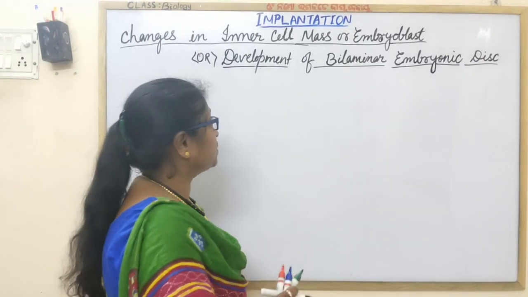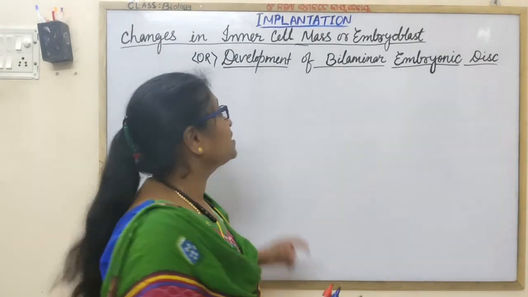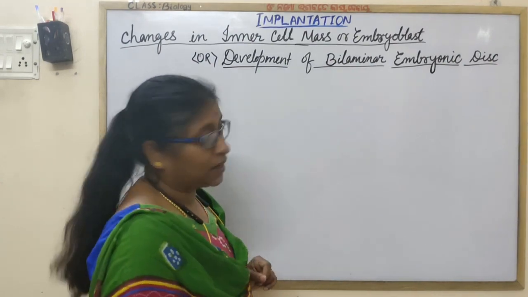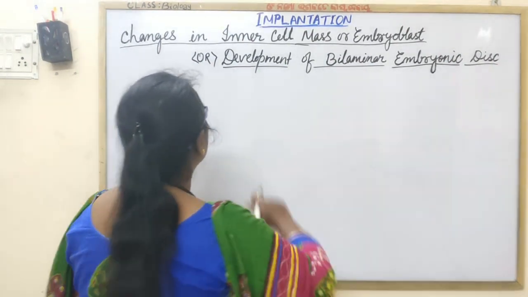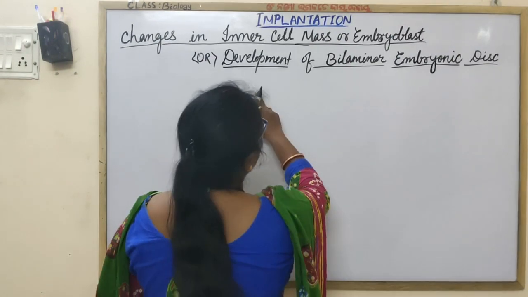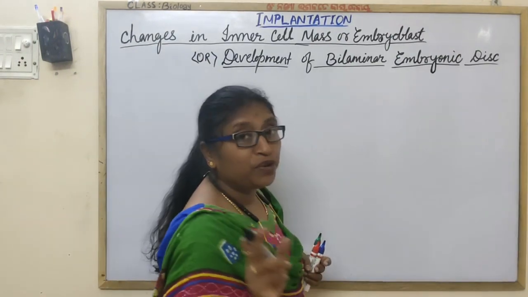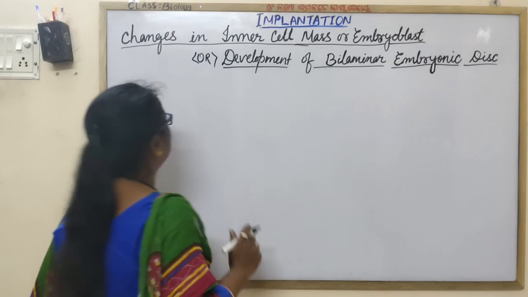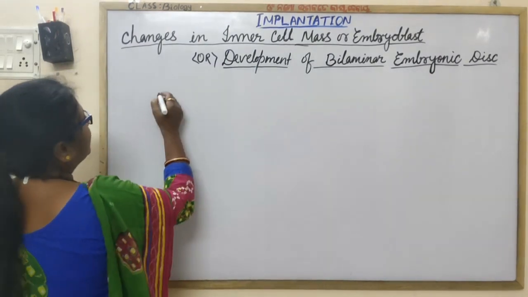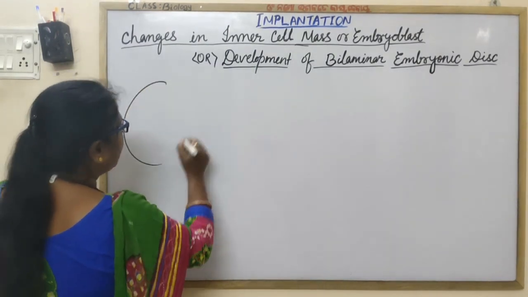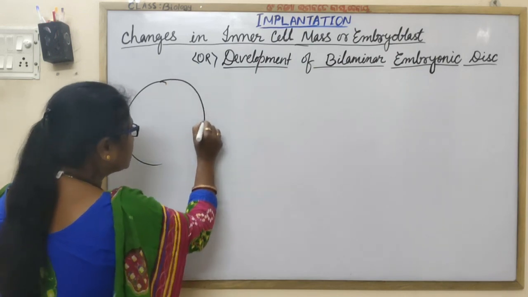Now let us discuss what changes occur in the inner cell mass or embryoblast, and finally how the bilaminar embryonic disc is developed in the early blastocyst.